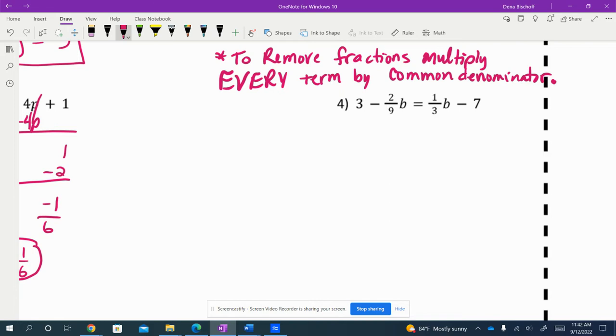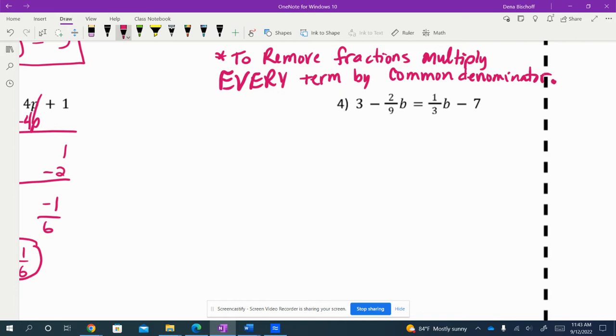So I don't want to multiply by 3. But does 3 go into 9 and 9 go into 9? Yes, okay. So here's the trick. If you can't recognize the least common multiple, the other thing you can do is just multiply these two together. What is 3 times 9? 27. So you could multiply everything by 27, or you can multiply everything by 9.